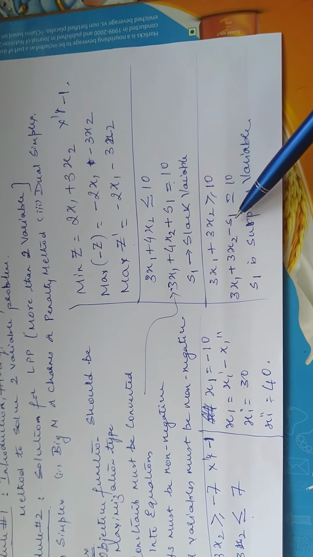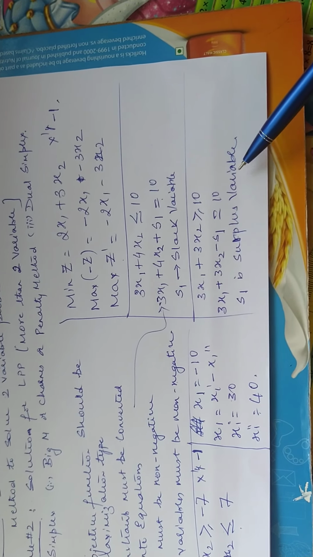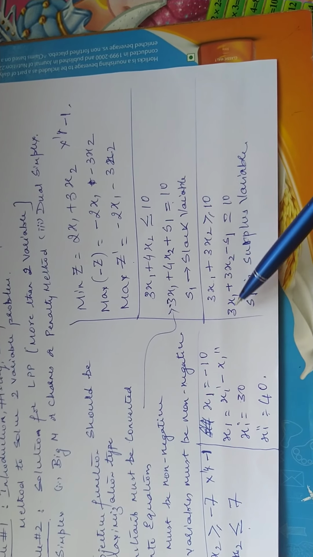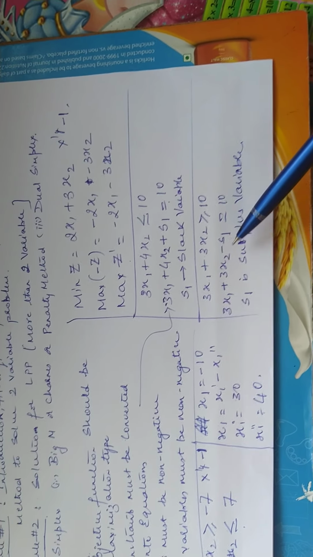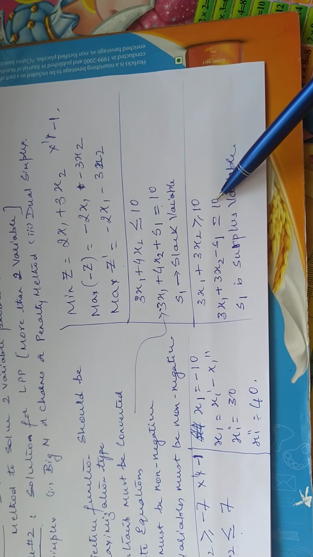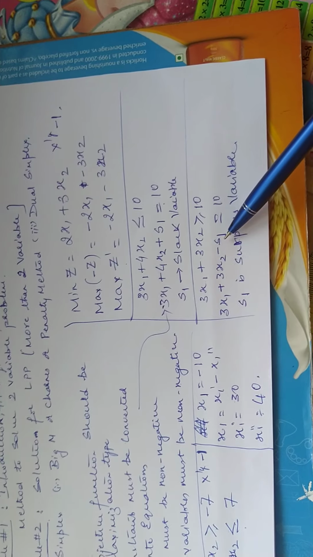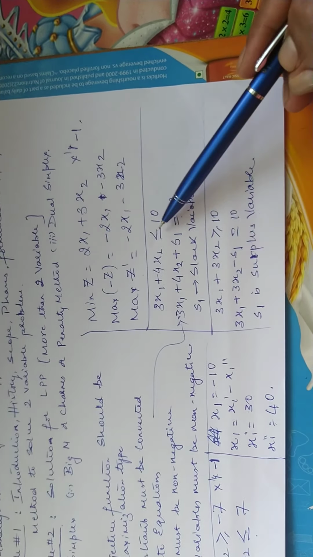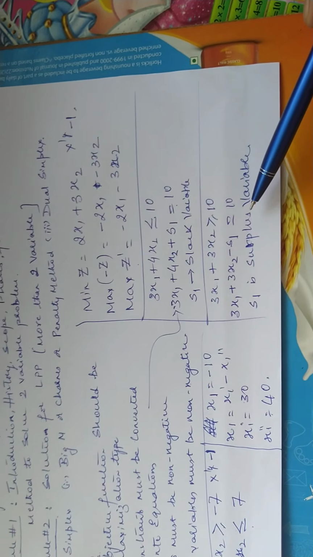In this particular case, this value is called a surplus variable. So the inequality is converted into an equality by using a surplus variable, and the equation now says 3x1 plus 3x2 minus s1 equals 10, wherein s1 is called a surplus variable. This is how inequalities have to be converted into equalities.